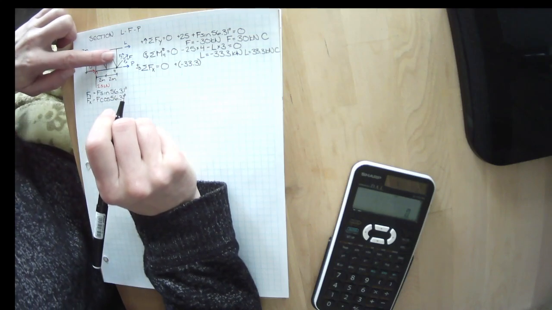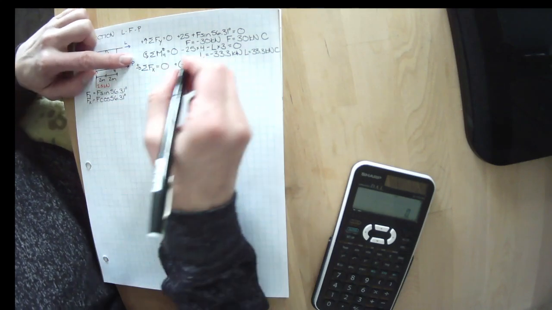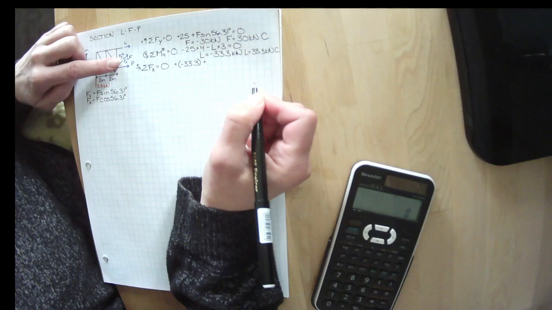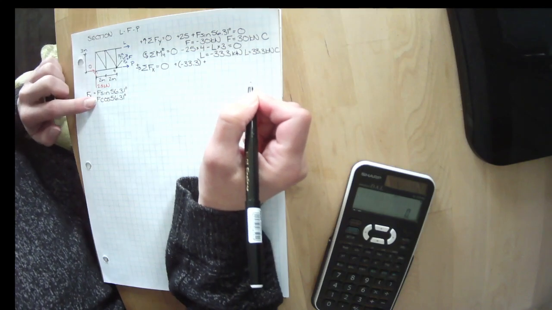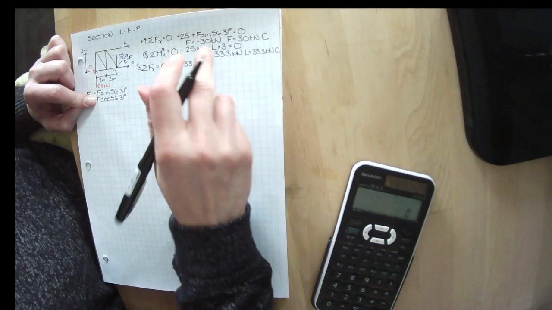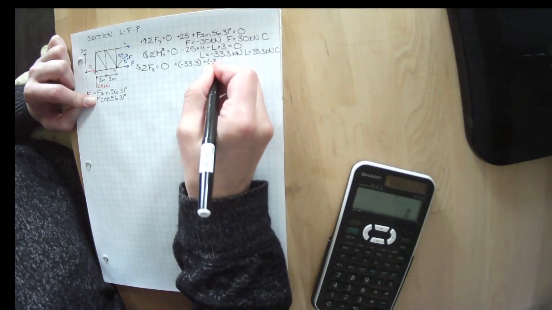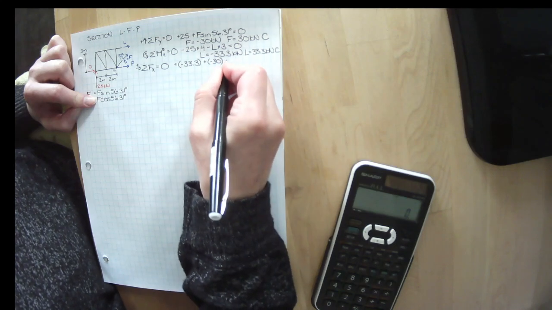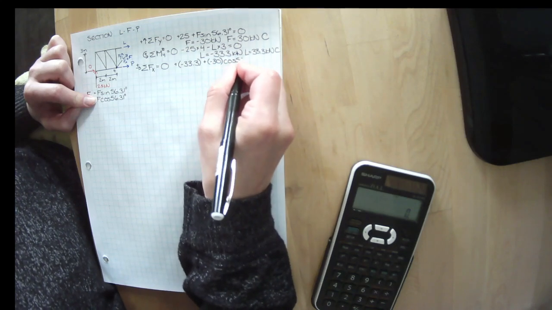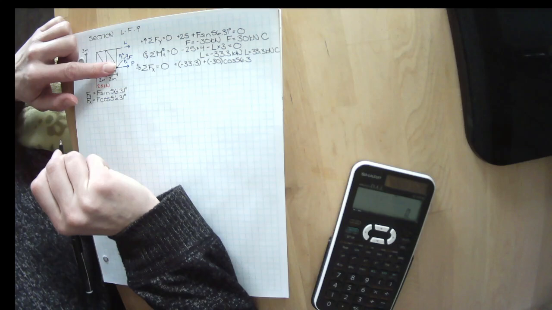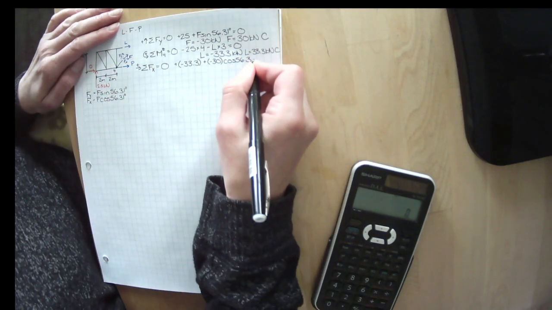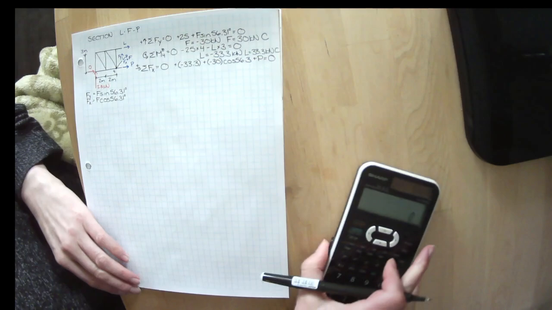We've got Fx going in that direction, which is positive. Fx is F cosine of 56.31, and F was minus 30. And we've got P going in that direction, or plus P equals 0.